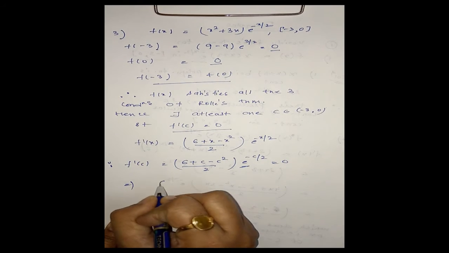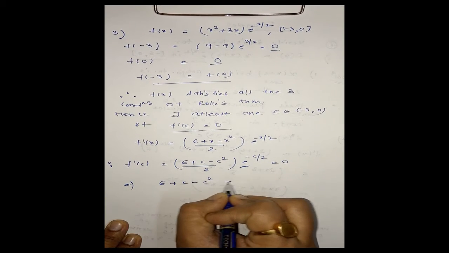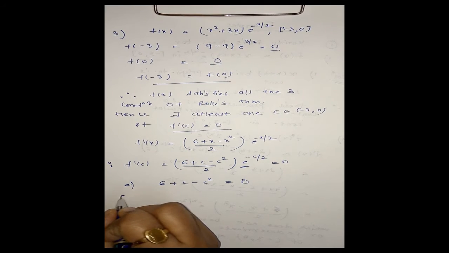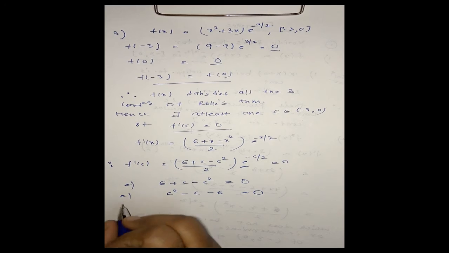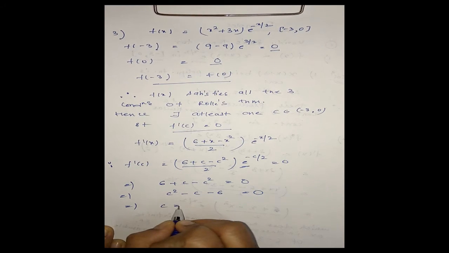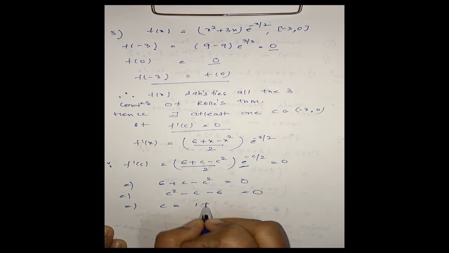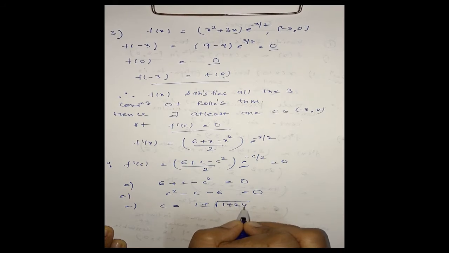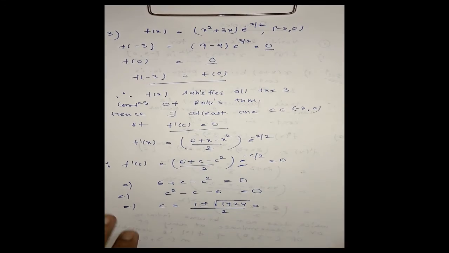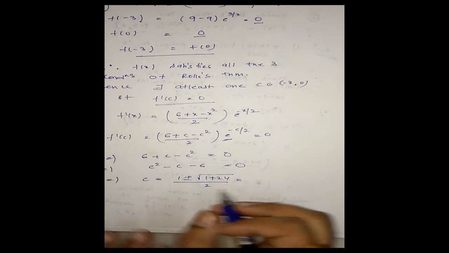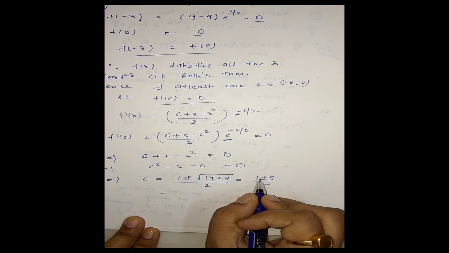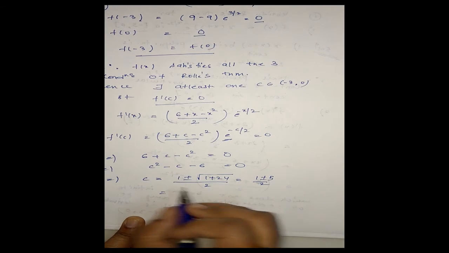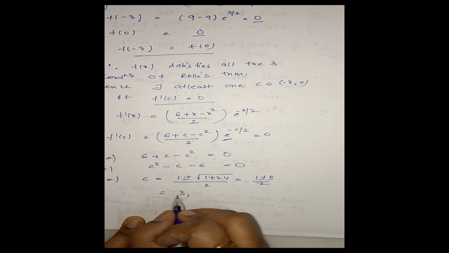Therefore, this will give us 6 plus c minus c square is equal to 0, that is c square minus c minus 6 is equal to 0. That is c is equal to (1 plus minus 5) by 2. That means 1 plus 5, 6, this is 3.